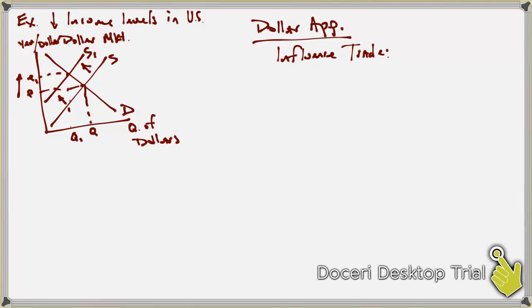So what we would say is that when the dollar appreciates, imports will always increase while exports will always fall. And we call that combination a trade deficit.